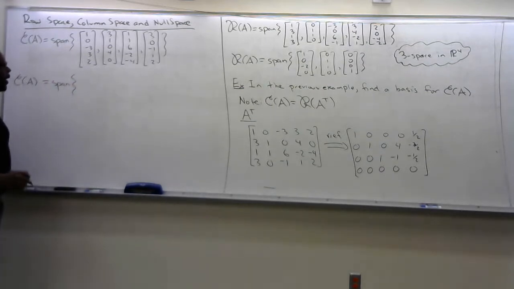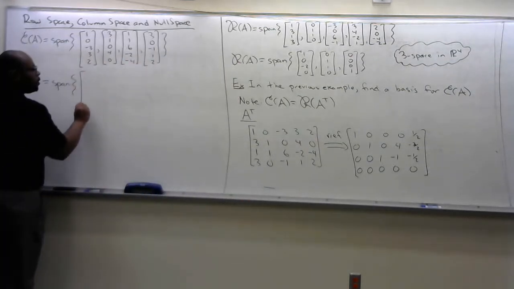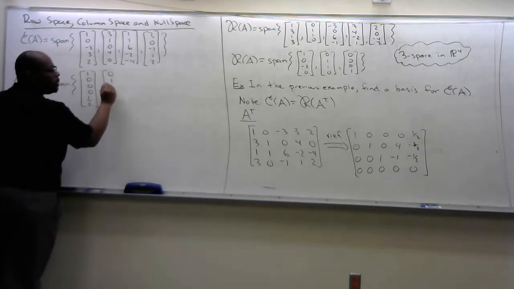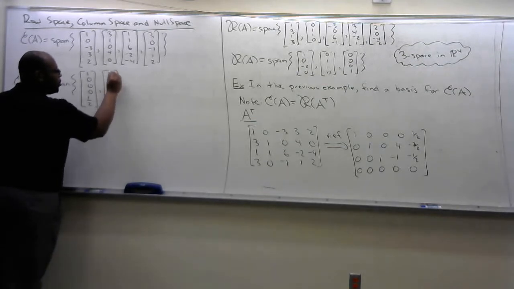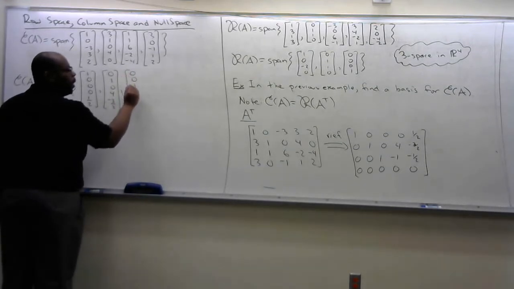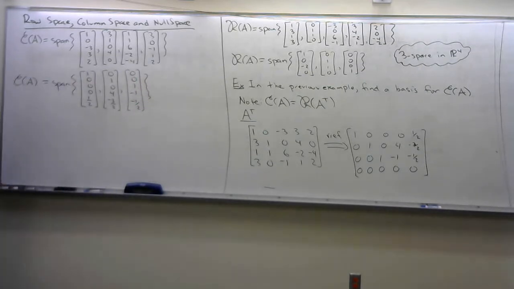So my column space of A is really going to be the span of just these 3 vectors: (1, 0, 0, 0, 1/2), (0, 1, 0, 4, -3/2), and the last one is (0, 0, 1, -1, -1/2). Okay. Those are my guys.